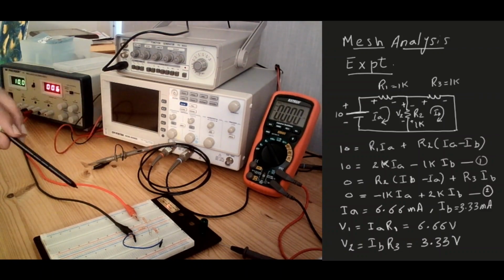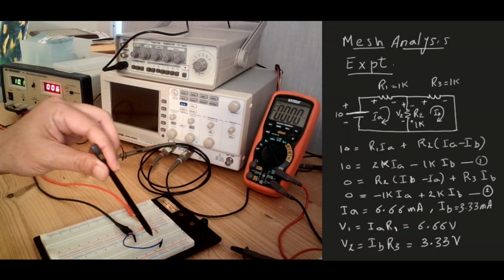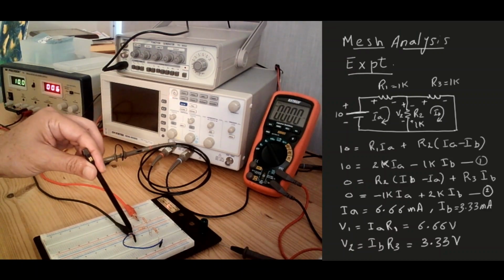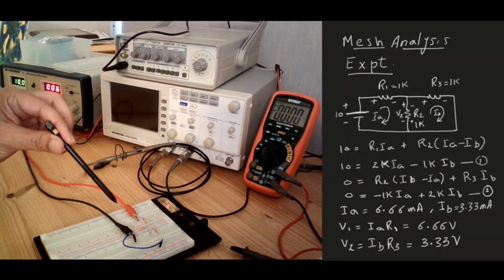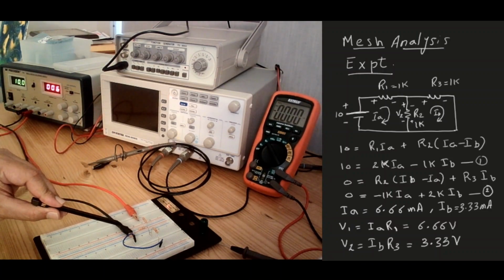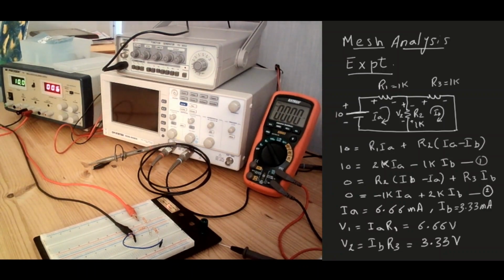Both of these resistors are also 1 kilo ohm. R3 from this point, using a copper wire, is connected to the other side of R2 as shown in the circuit, and this black wire is the negative terminal of the supply. So this represents the circuit that we have drawn on the right side.